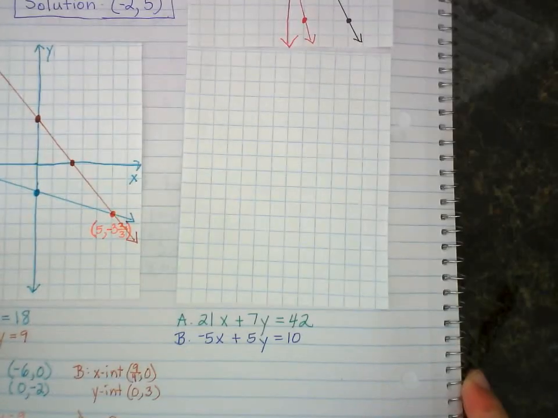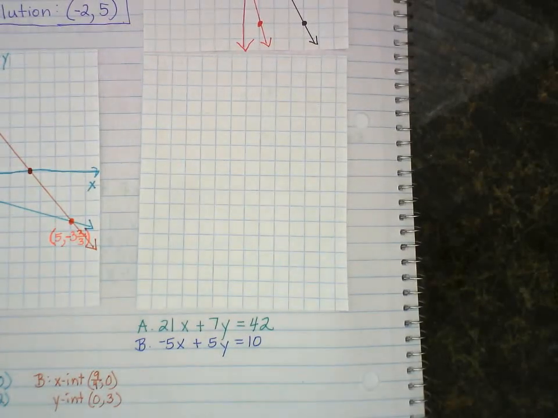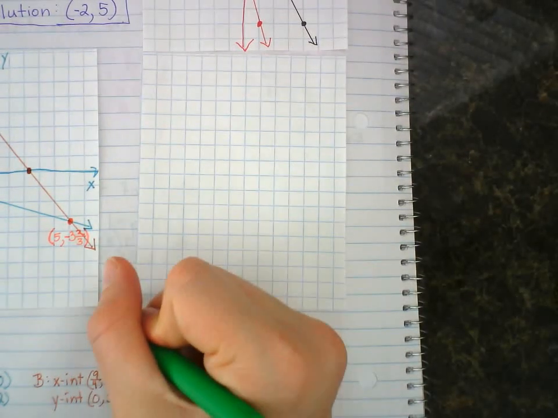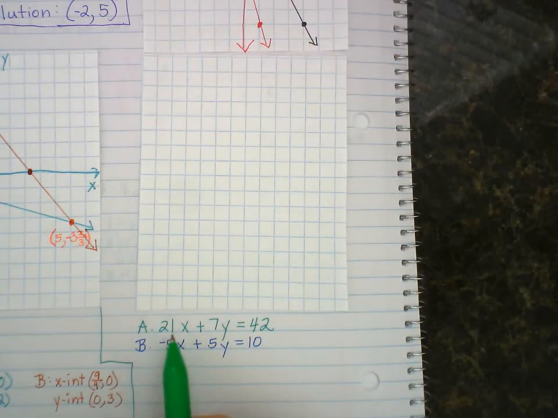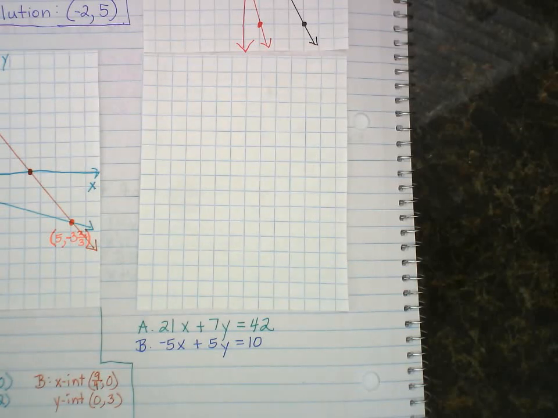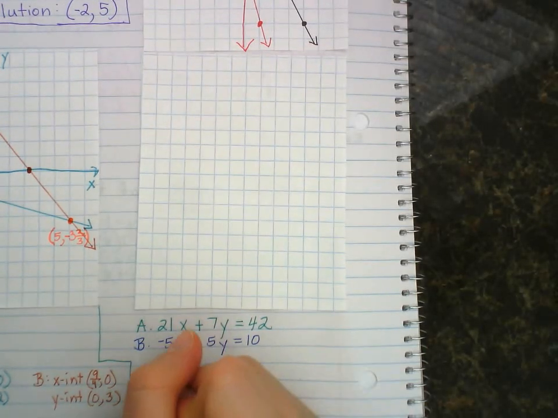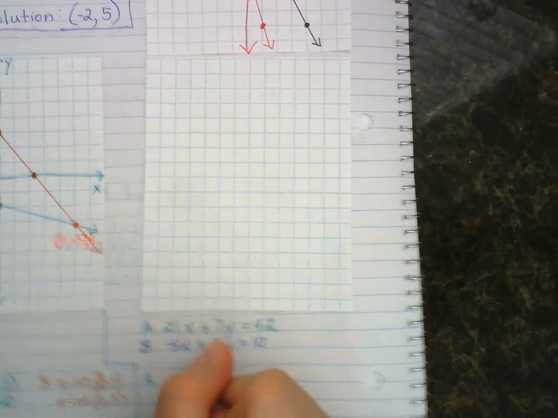So let's do the last one together. I'm going to draw a line to separate this. Okay. 21x plus 7y equals 42. So, X-intercept and Y-intercept.